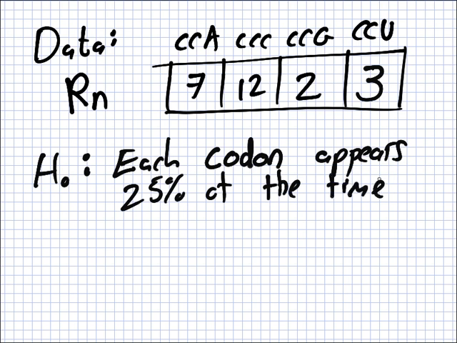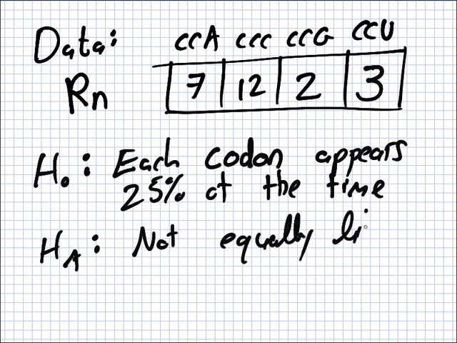Why 25%? That's the hypothesis I'm testing that was suggested in class, that you might think they show up equally likely. Each one shows up 25% of the time. So, the alternative here would be not this, that they are not equally likely.